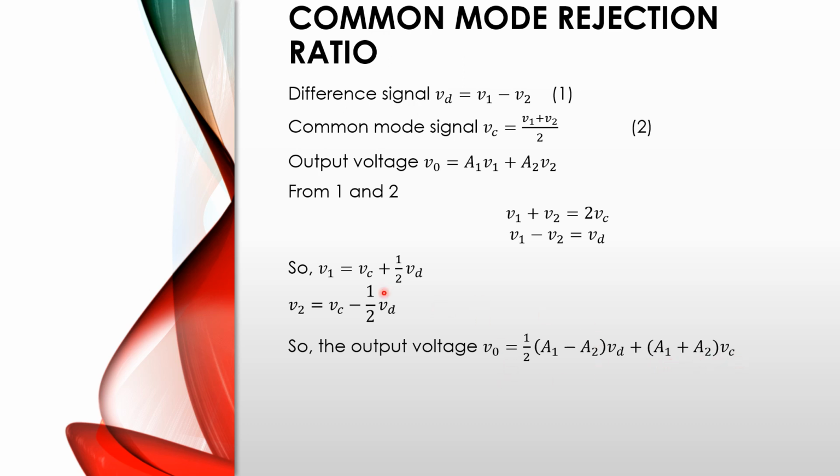If we substitute these two values in this equation, A1 into (Vc plus half Vd) plus A2 into (Vc minus half Vd), we get half (A1 minus A2) Vd plus half (A1 plus A2) Vc.